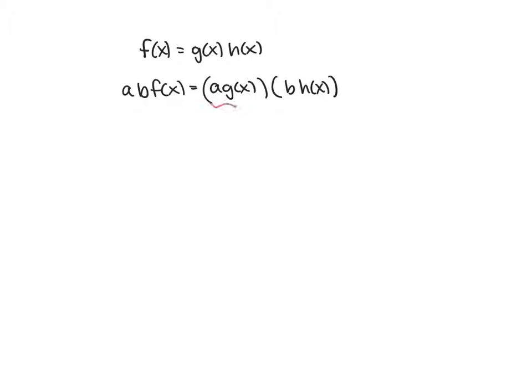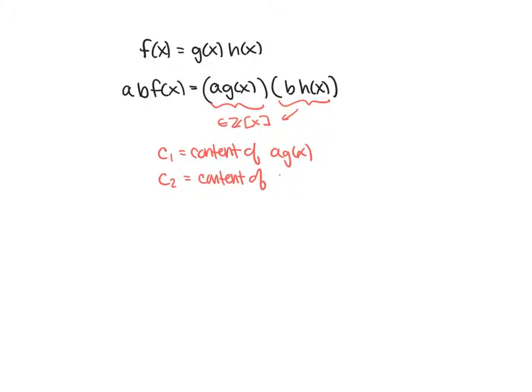So each of these now is defined over the integers. All right. So let's give names to the content of each one. So let's say C1 is the content of ag, and let's say C2 is the content of bh.